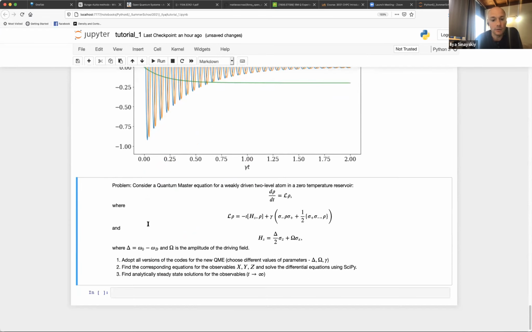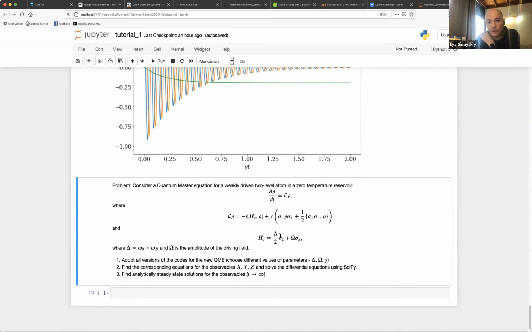Okay, so that's it from my side. And there is a little home problem for you, and it deals with a slightly different master equation. This is the master equation for the two-level system, which is weakly driven by an external classical electric field, so your laser field. And the reservoir here is at zero temperature. That's why we have only the term describing emission.